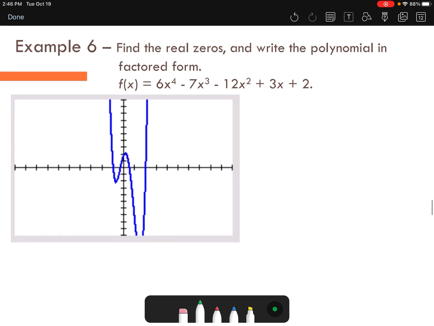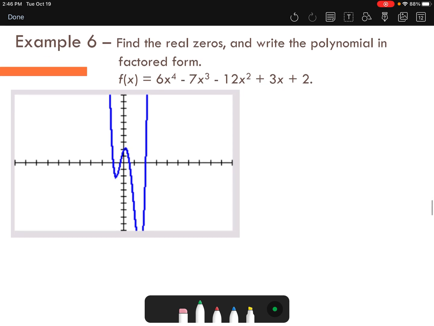Number 6. Ooh, boy. This looks like a fun one. Looks like we got a U shape because it's a quartic. So our P is 1 and 2. Our Q is 1, 2, and 3 because it's factors of 6. So now our P over Q is going to be 1 over 1, 1 over 2, 1 over 3.